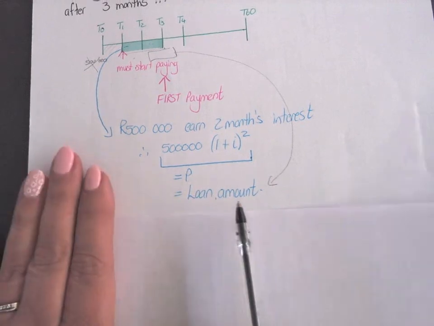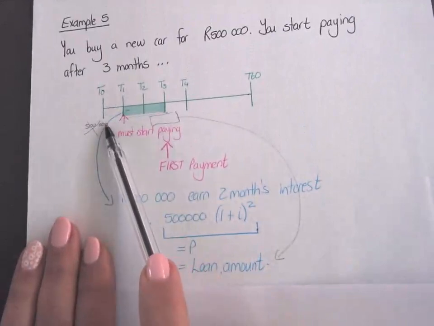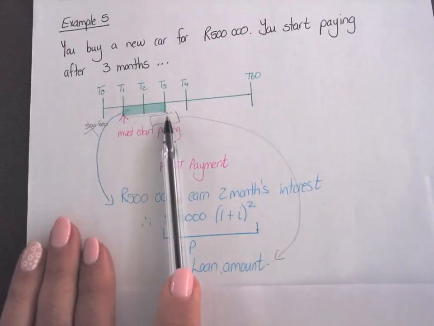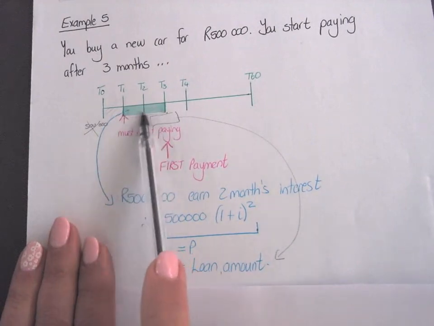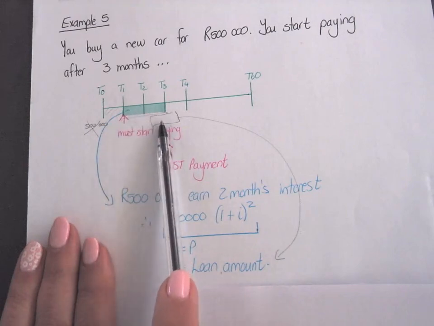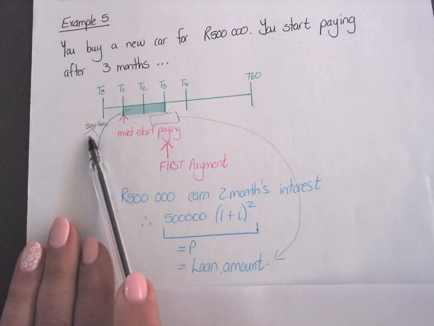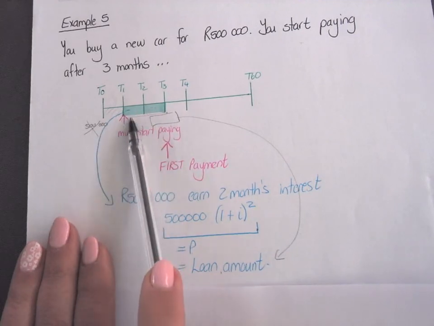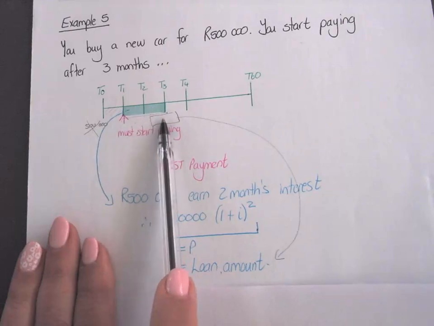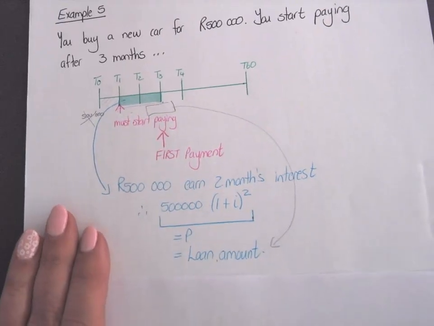So this 500,000, which you only start repaying at T3, actually earns interest in those 2 months, so it becomes more. So you don't start repaying 500,000 anymore. You start repaying 500,000 plus interest of 2 months. So the car dealer isn't that nice, is he?